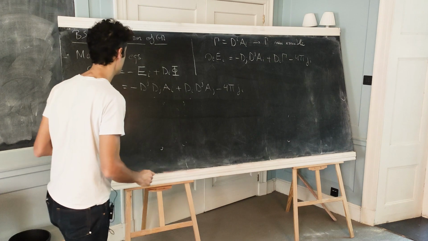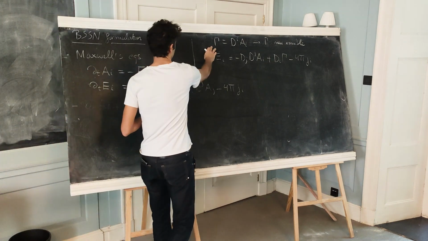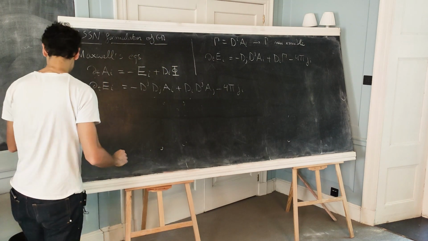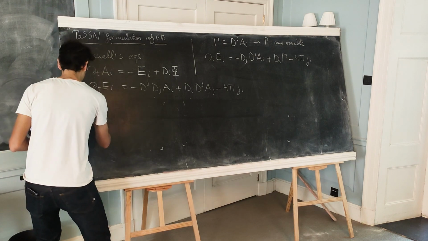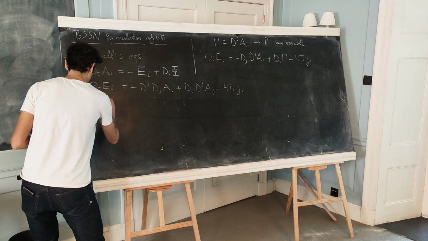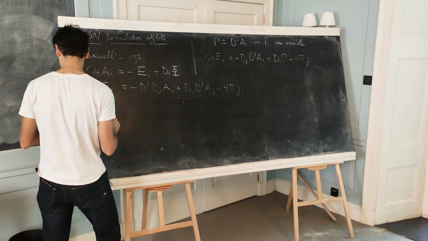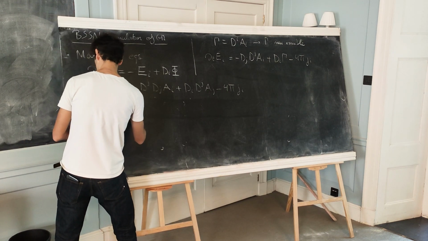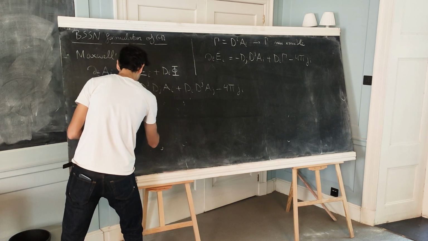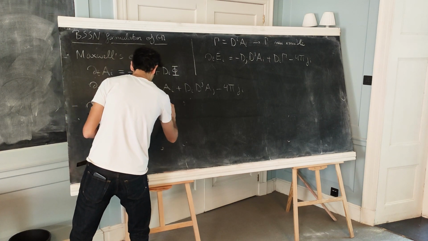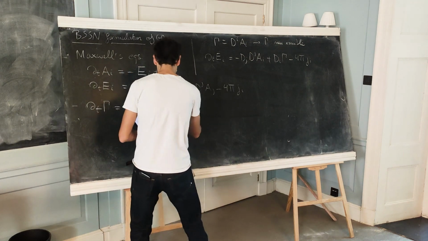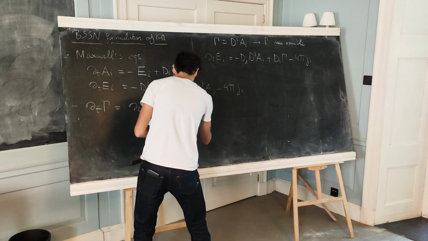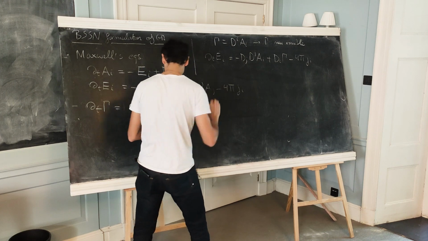So that's the other equation, and now we have to derive an evolution equation for this variable. So we just take a time derivative. So that will be, okay.